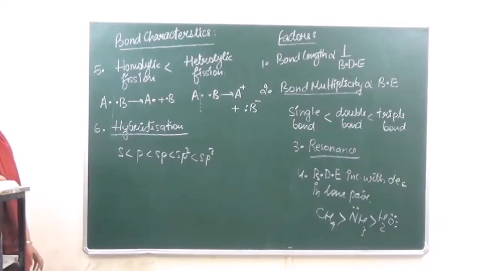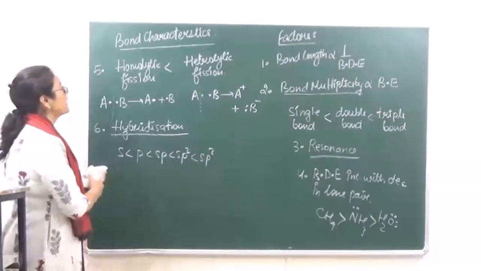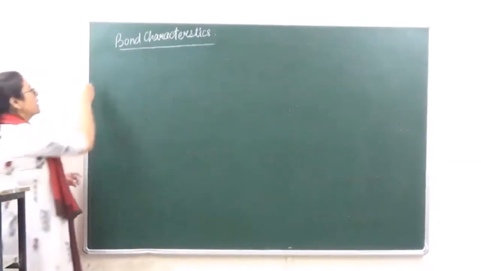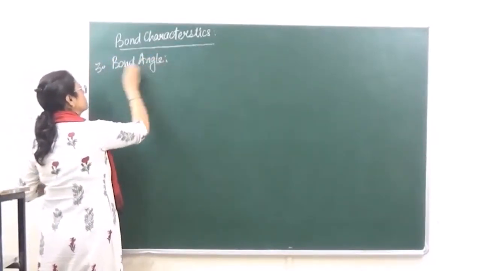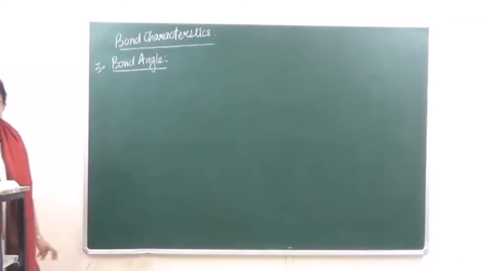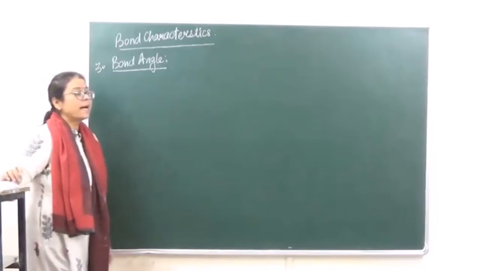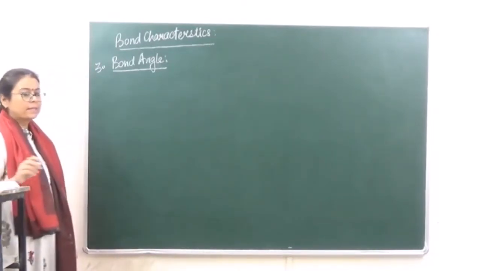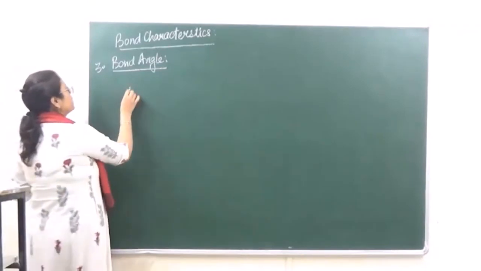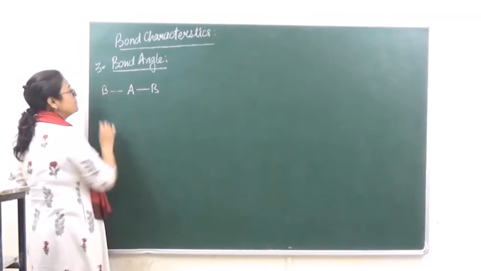Clear हो गया? Okay. Then the third characteristic which we are going to do, that is bond angle. Now what is bond angle? Angle between the two adjacent atoms surrounding the central atom. That is the bond angle. ठीक है? जैसे for example, if you're talking of a molecule like this, we have already started this in VSEPR theory.